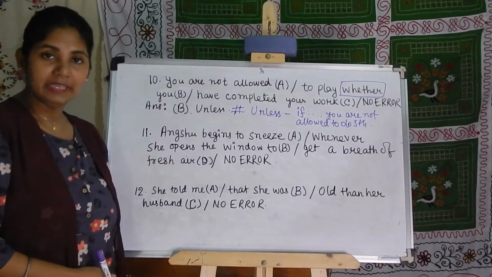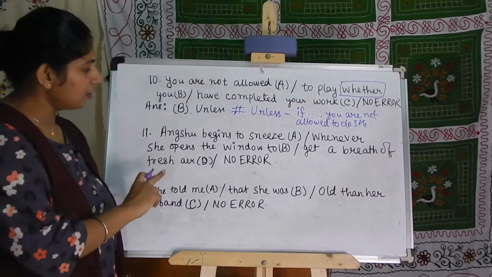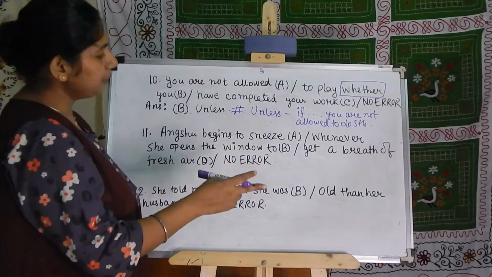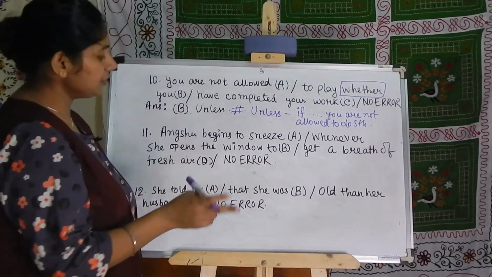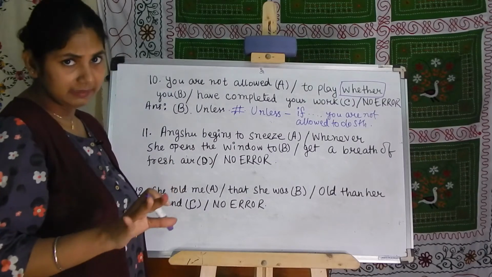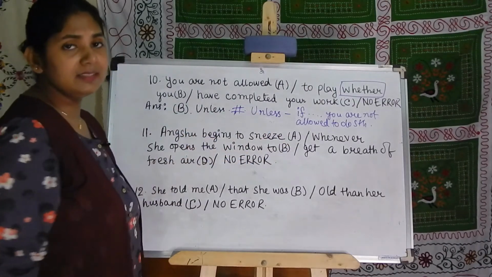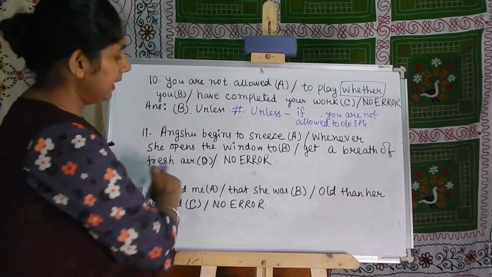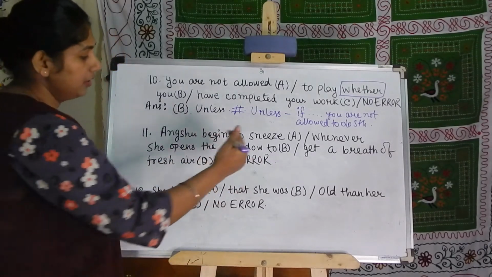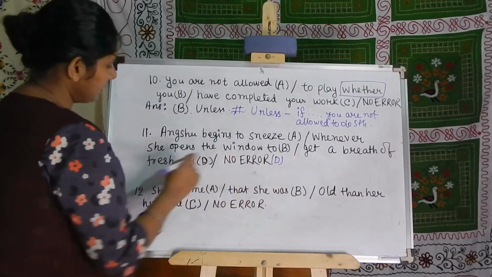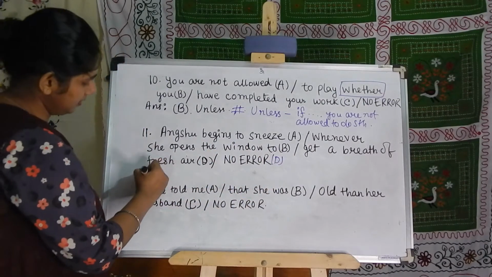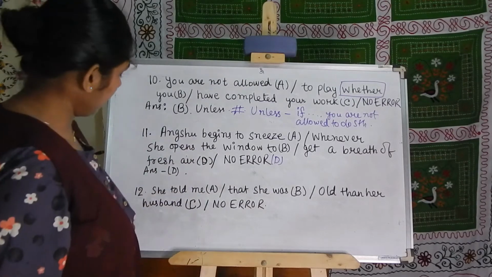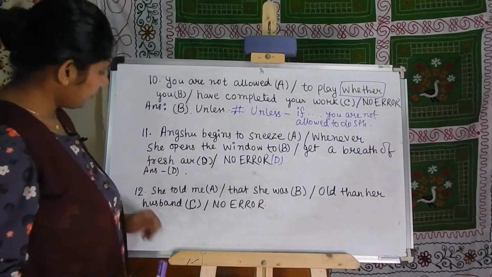Question number 11. Angshu begins to sneeze whenever she opens the window to get a breath of fresh air. Do you think that in this particular sentence any problem or any error lies? No, it doesn't have any error. So, the answer is D. Question number 12.